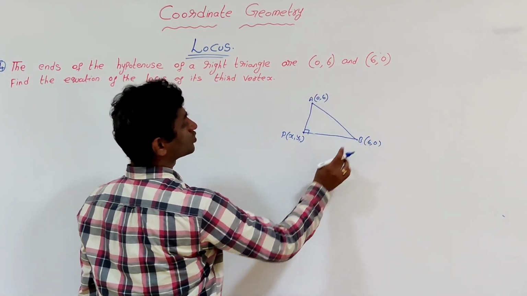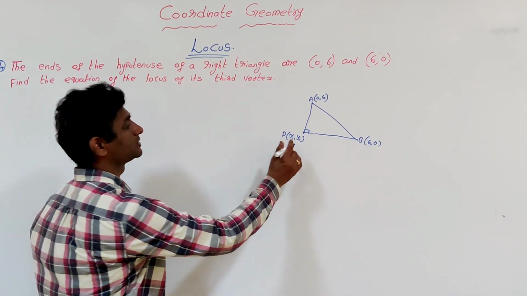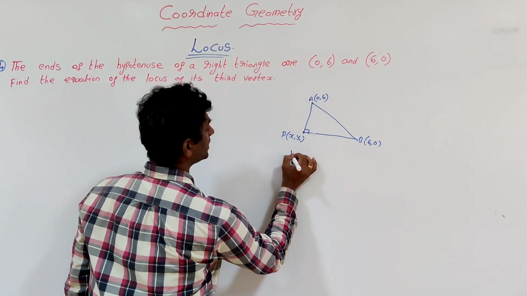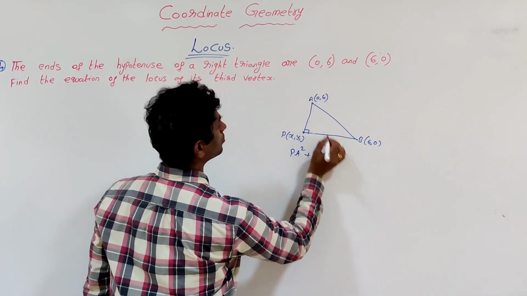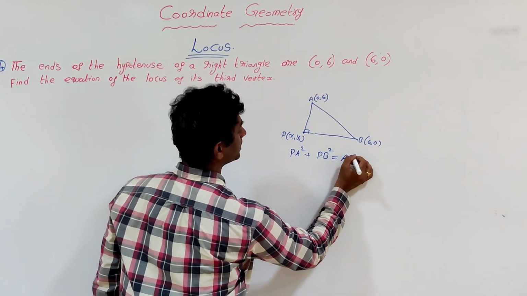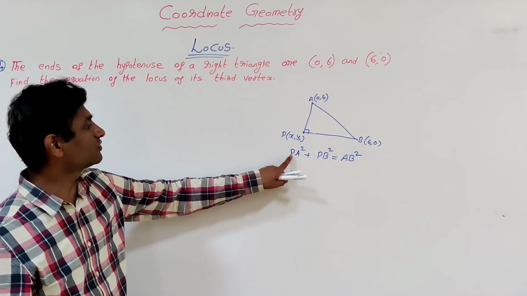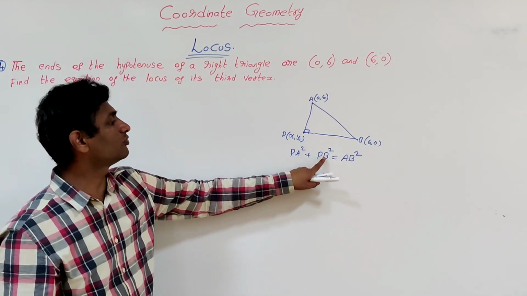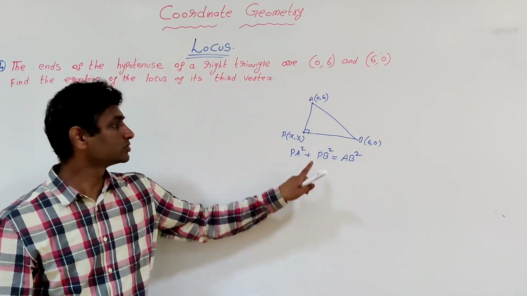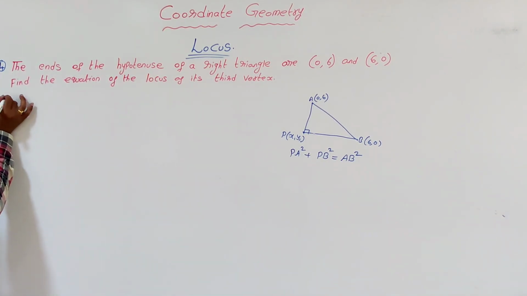The hypotenuse square is equal to the sum of the squares of the other sides, that is, PA square plus PB square is equal to the hypotenuse square, AB square. That is, the square of the distance from P to A plus the square of the distance from P to B is equal to AB square. So that is the condition. Now, the solution.